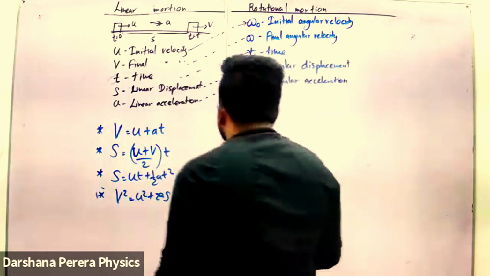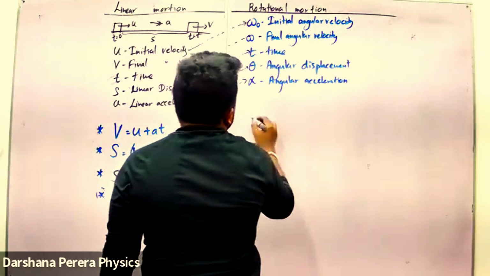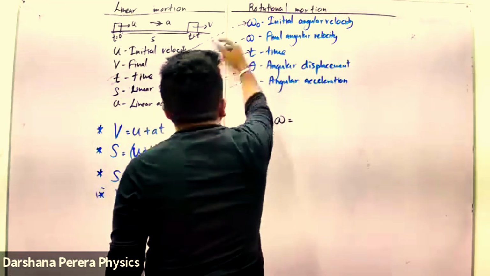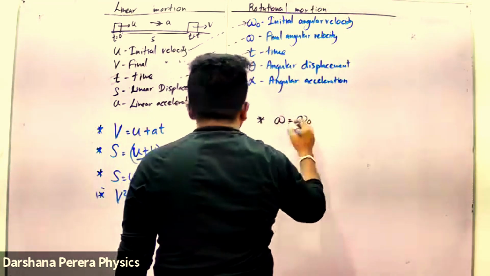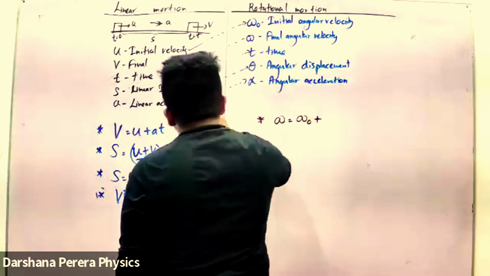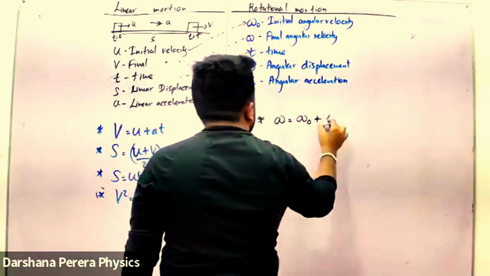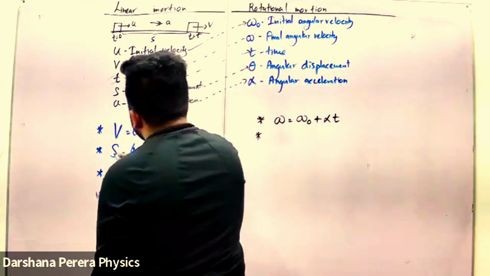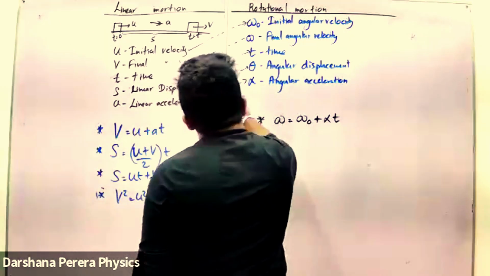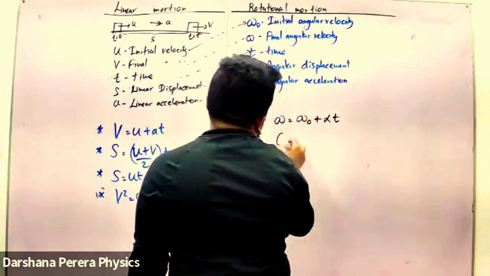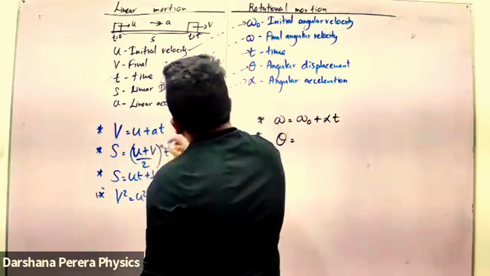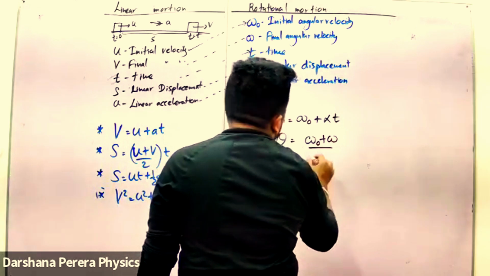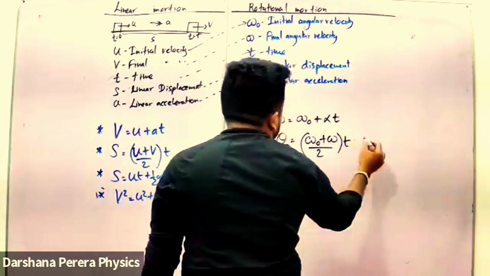Then omega equals omega naught plus alpha t. Angular displacement theta equals (omega naught plus omega) over 2 into t.